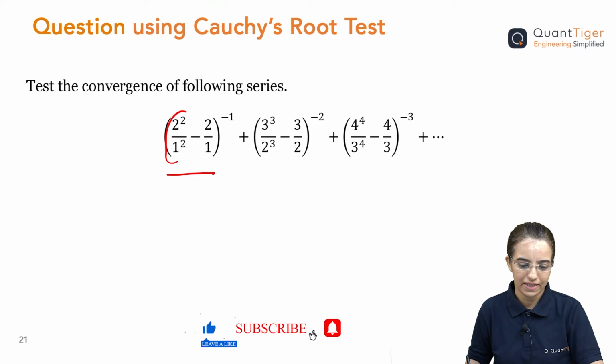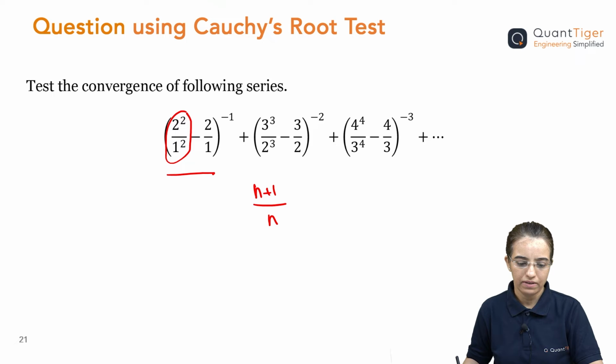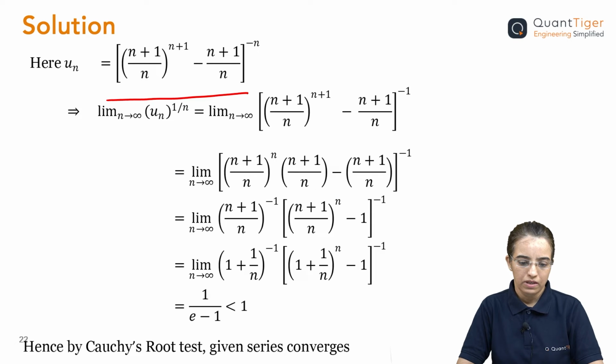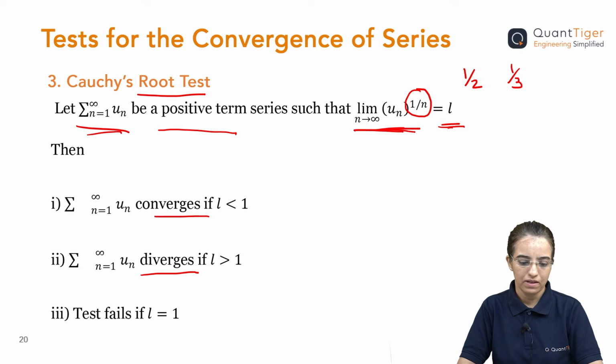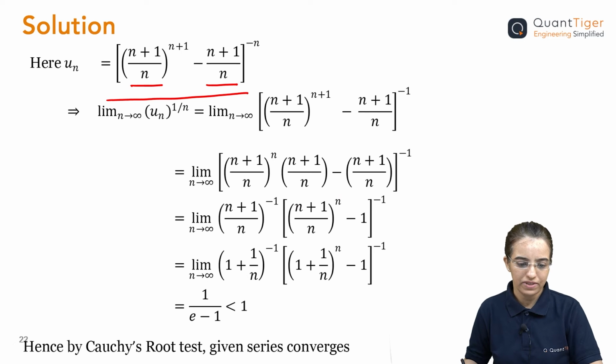For this one we have written (n+1) upon n, and for this one also it is (n+1) upon n. That is what we have written for each term, with a subtraction sign because each term in the series has a subtraction sign.